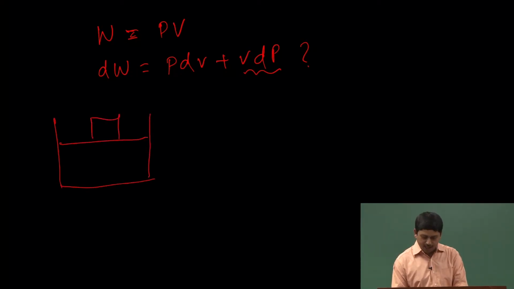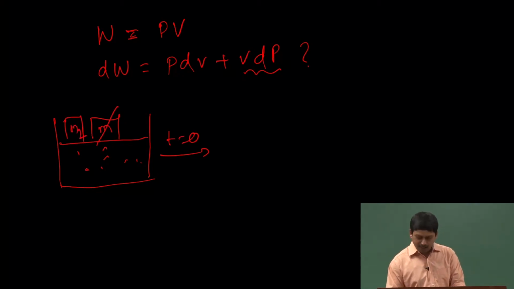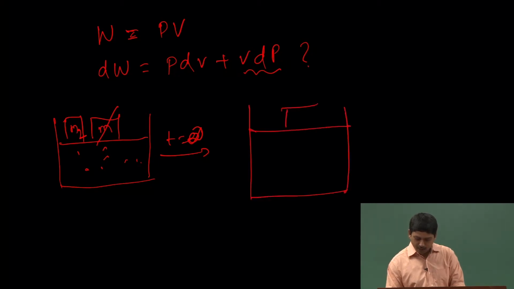I had mass m with a gas and I suddenly changed it at t equal to 0. I can cut it and put mass m2. Then I wait some time, let us say t equal to infinity, and I get a different system where my m2 is there and my volume has changed. So this is my P1 V1 and this is my P2 V2.